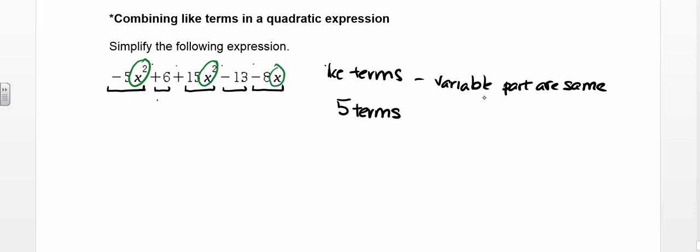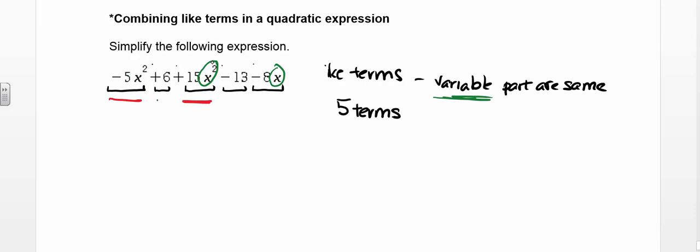So if you notice, the variable parts are the same. Even though all three of these have x's, only the first and the third have an x squared, so those are the same. Okay, let me go ahead and erase this a little bit so that you can see the original problem a little better.